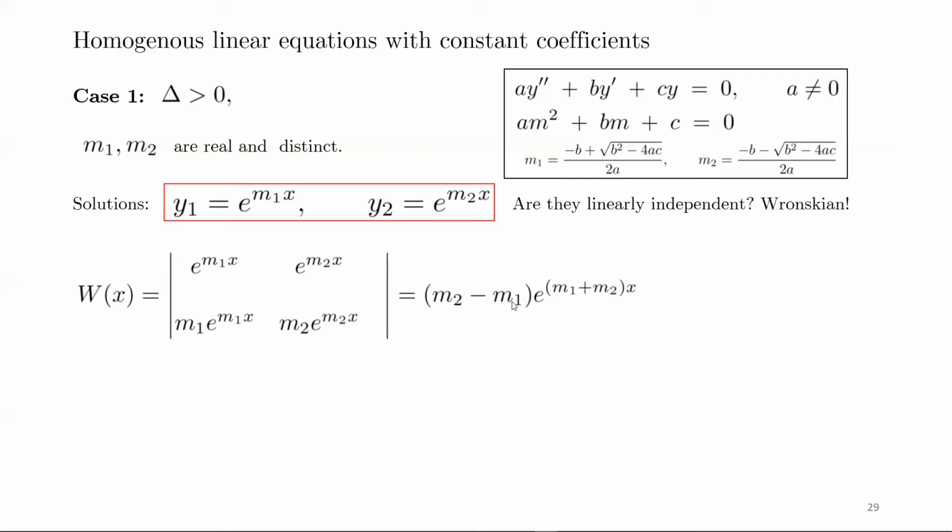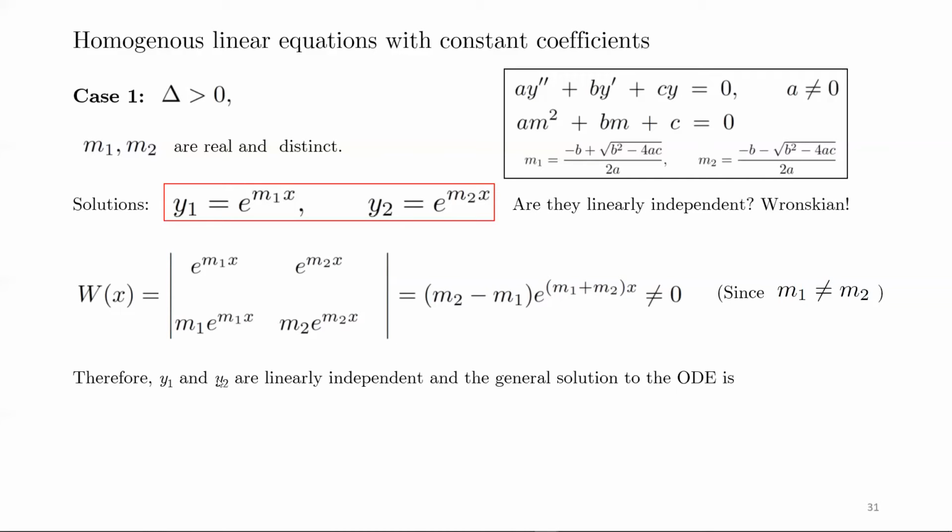m2 minus m1 is also never equal to 0, because in case 1, where the discriminant is positive, m1 and m2 are real numbers, but significantly they're distinct. They are not the same number, therefore m2 minus m1 is never 0. Therefore I can conclude that y1 and y2 here in the red box are linearly independent solutions to the ODE.